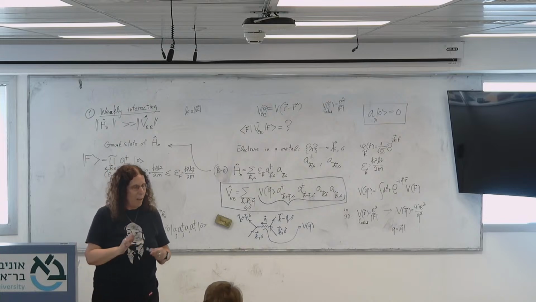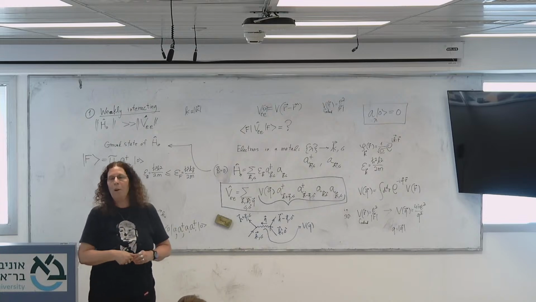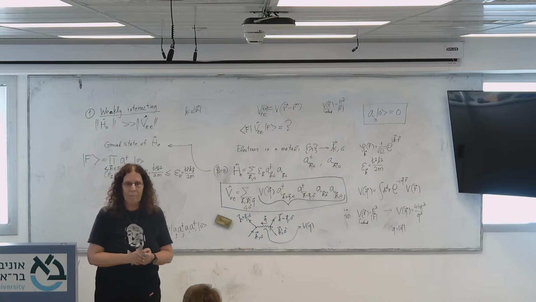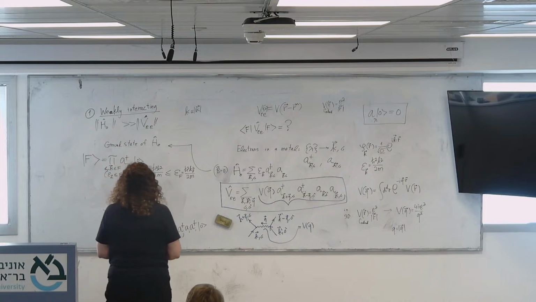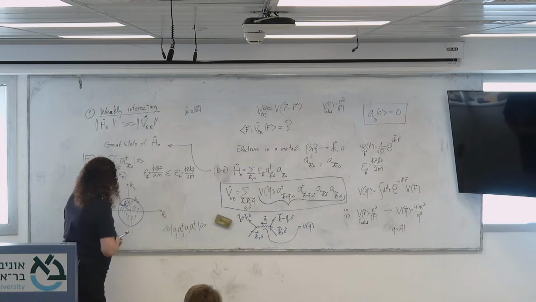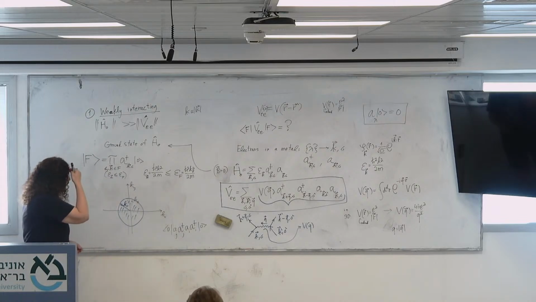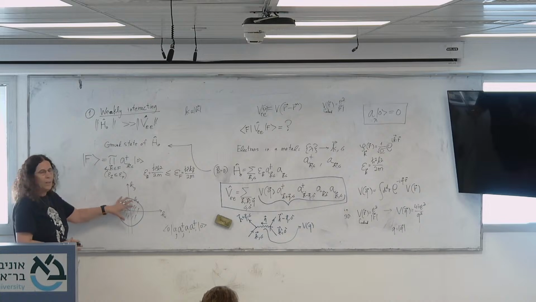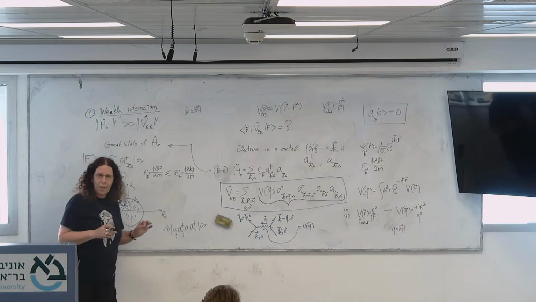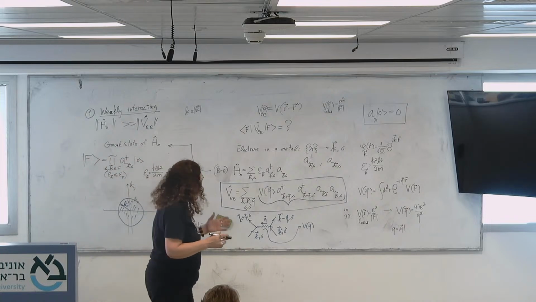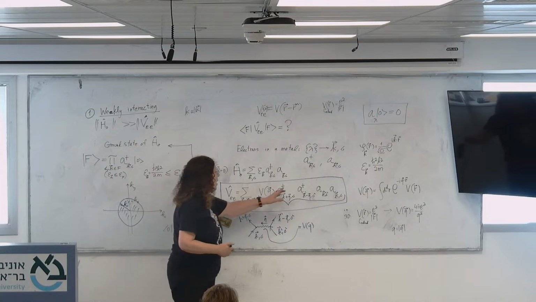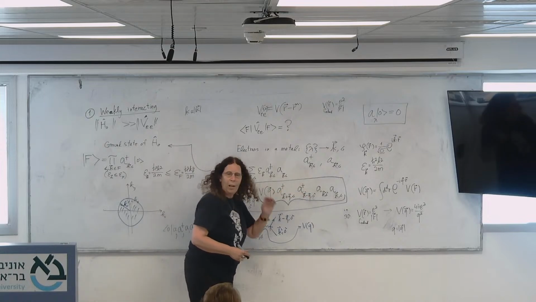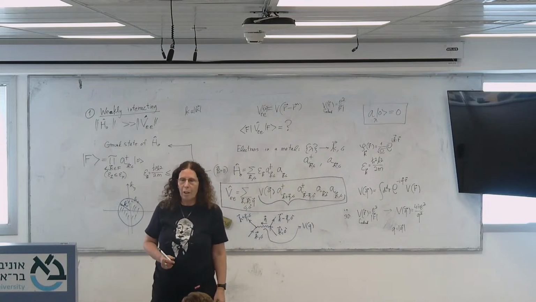So I have an idea how to simplify things enormously. And this is the following thing. We know that if we just apply the interaction on the ground state, and remember, it's a weak interaction, what can it do? If we take just one term like this, what does it do?